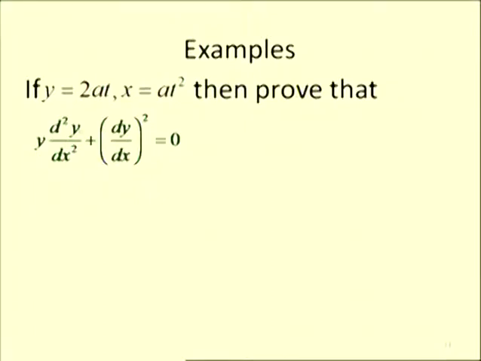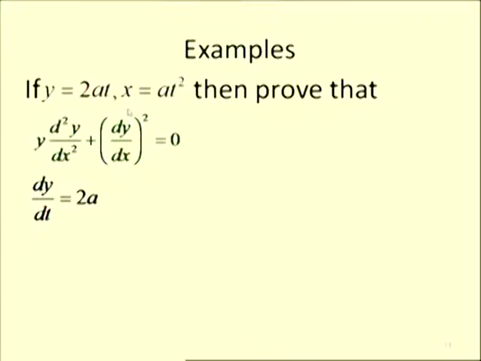In order to get the derivative of y with respect to x here, we take the derivative of y with respect to t and the derivative of x with respect to t. So we have dy by dt first, that is 2a is constant and the derivative of t with respect to t is 1. So the derivative of y with respect to t is 2a.